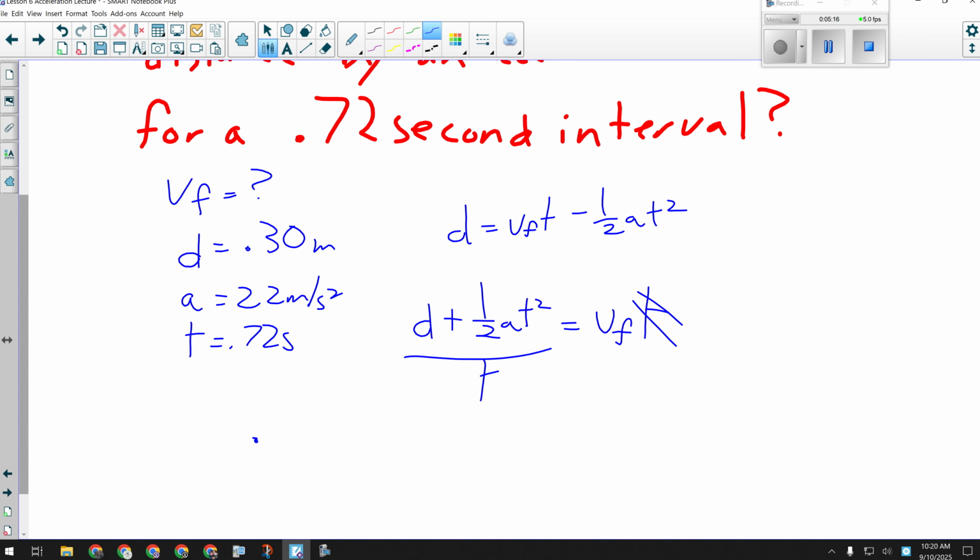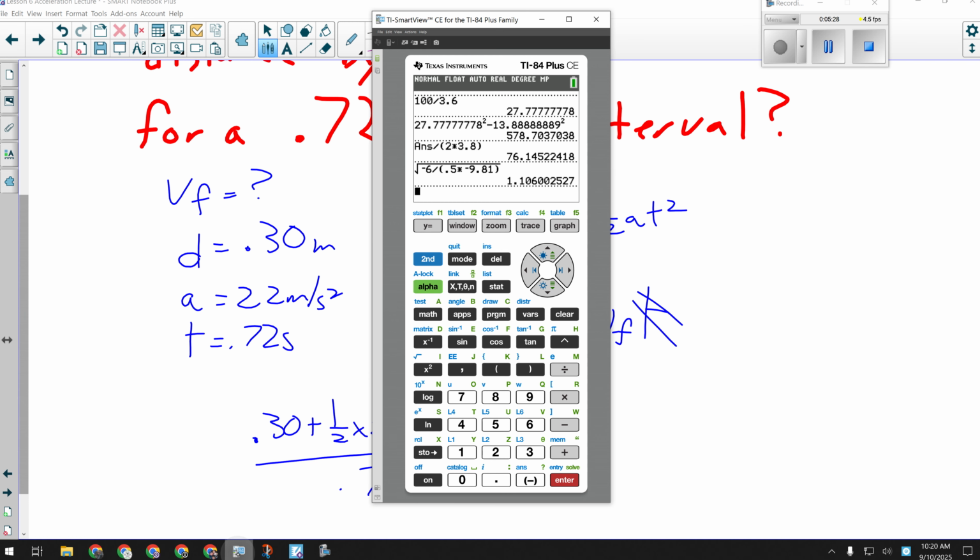So that's going to be 0.30 meters plus 1/2 times 22 times 0.72 squared divided by 0.72. All right, so final speed, I guess, for that one would be 8.3 meters per second.